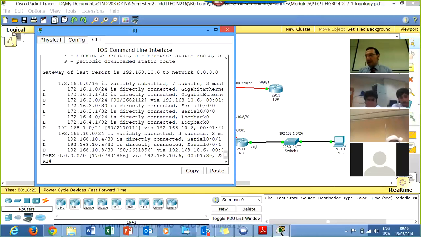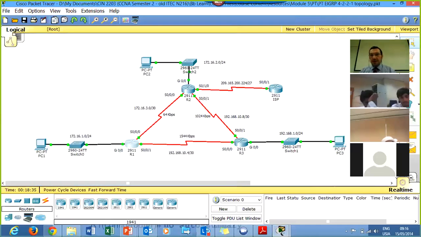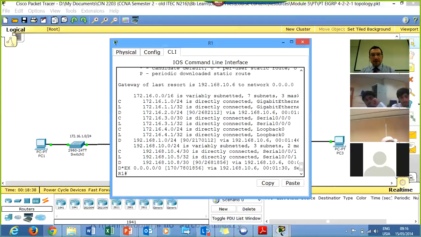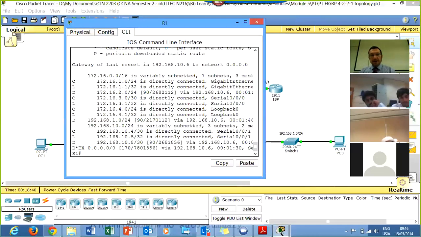If they were not directly connected, I would also have a problem because I enabled summarization on R3. If I disable summarization on R3, this is how it should be. And these are the networks for R3, 10.8 and the 10.4, which is shared with R3. And this is the 1.0 network here, which is on R3.